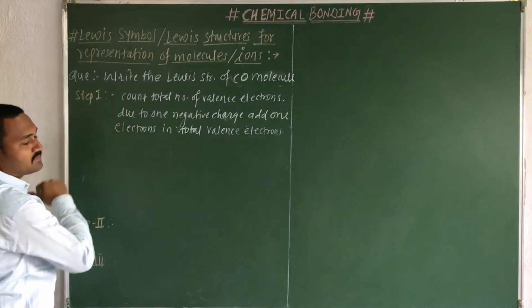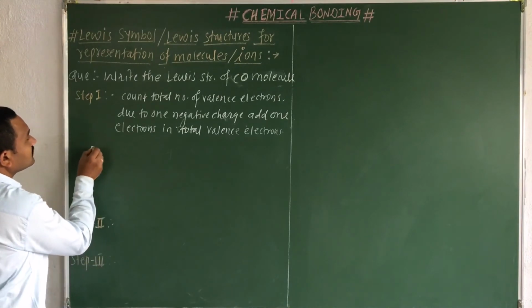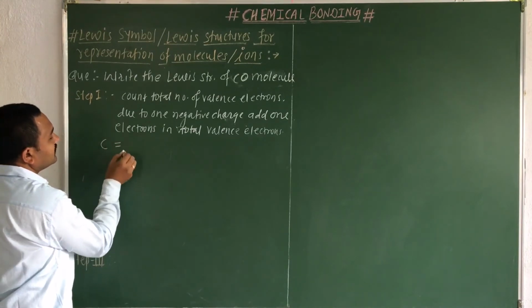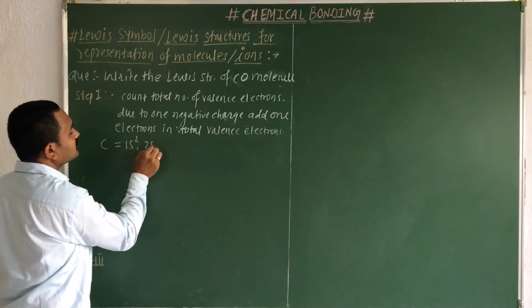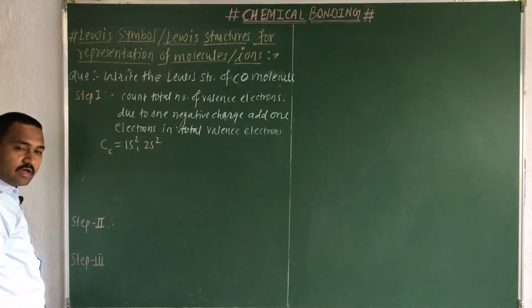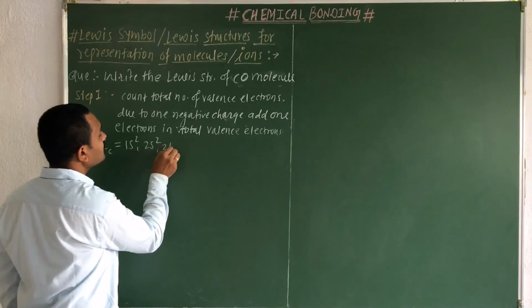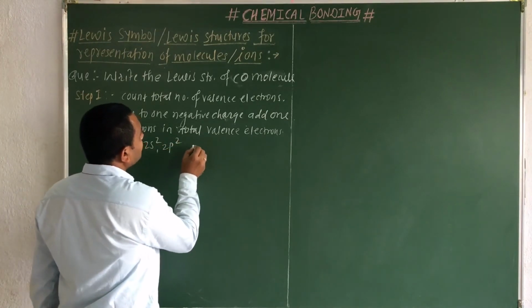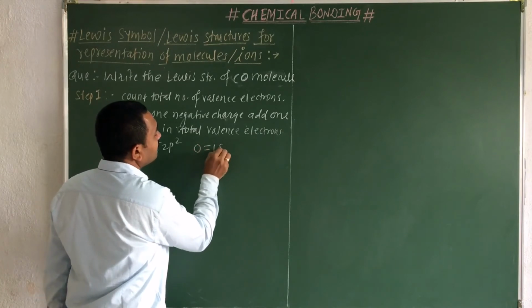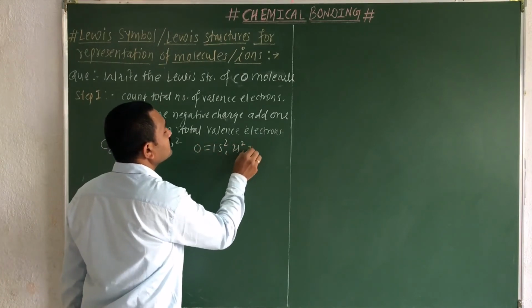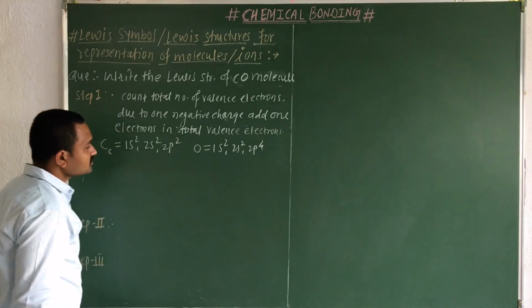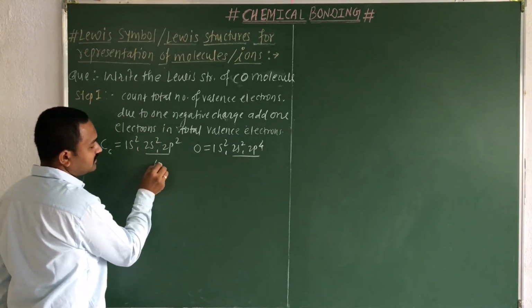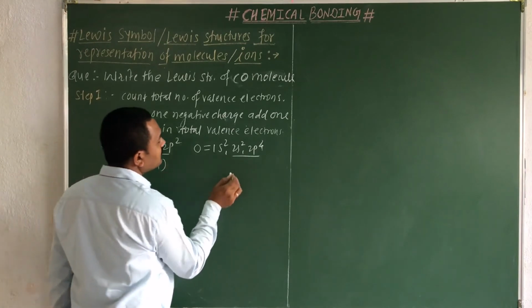Again, step number one: we have to consider the electronic configuration of the carbon atom. Carbon has atomic number 6, so 1s2, 2s2, 2p2, while the oxygen atom is 1s2, 2s2, 2p4. So the total valence electrons will be 4 for the carbon atom and 6 for the oxygen atom.